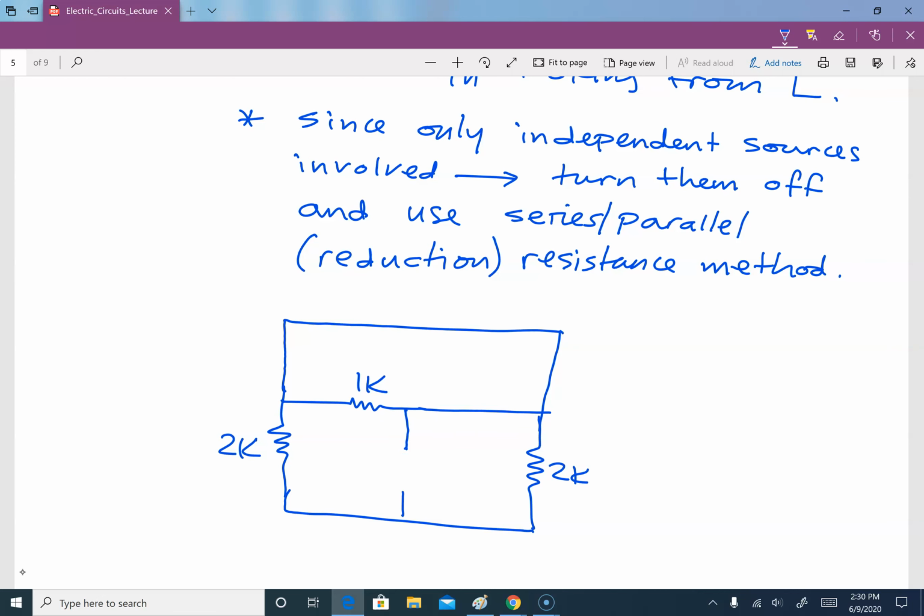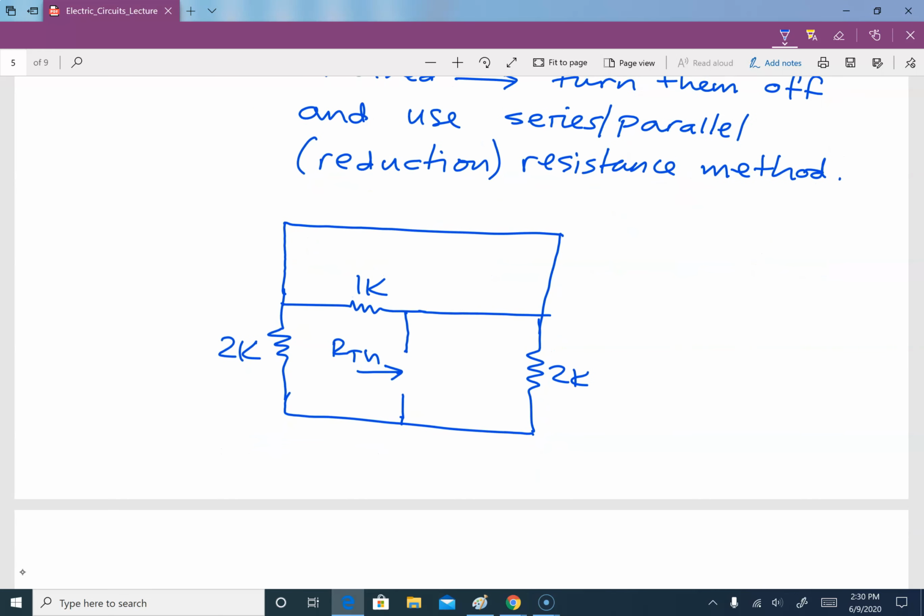So I'm gonna look at the whole circuit from here and then find R Thevenin. So in this case, our R Thevenin is equal to 2 parallel with 2, and that is equal to 2 times 2 divided by 2 plus 2, and that is equal to 1 kilo ohm.